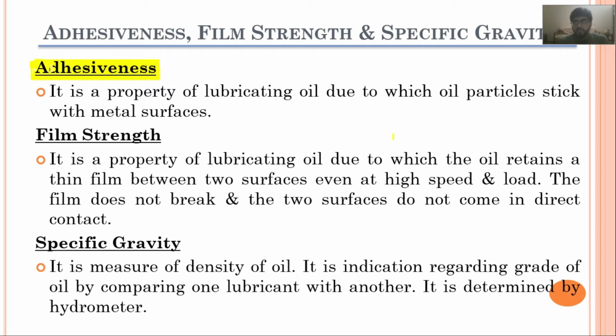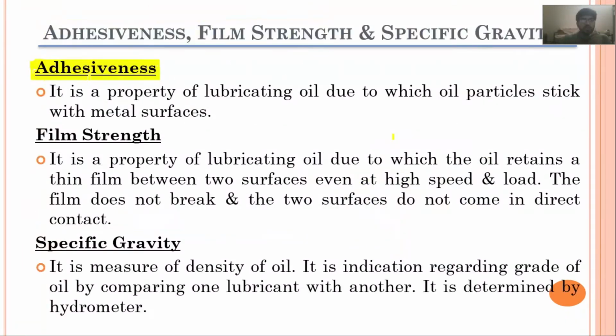This property is very desirable, particularly when we are talking about the stickiness of the lubrication oil between the rubbing surfaces. If it will not stick to the metallic surfaces, it will not form a proper film which will bear all the loads between these two moving components.